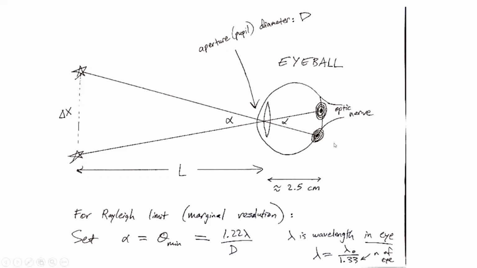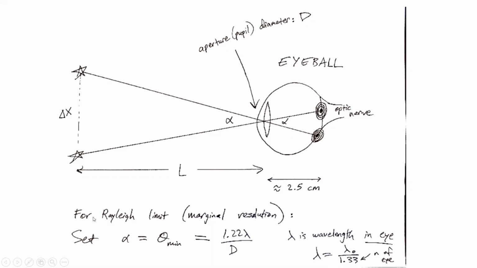Theta min is the angle from the direction to the center of the Airy disk and the direction to where you get the first dark spot. So I've actually drawn these bold dots to represent the Airy disk. That's where the light is most intense. At the very boundary of those dots is where the light would fall to a minimum. And that angle between those two directions, that's what we call theta min.